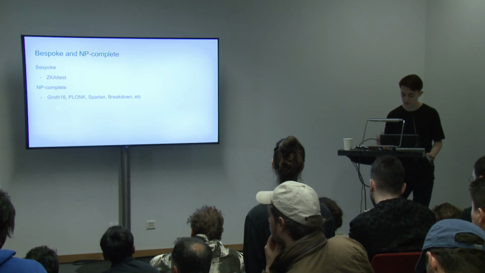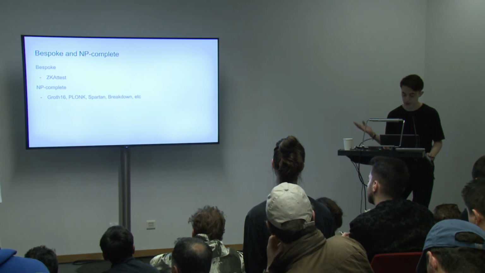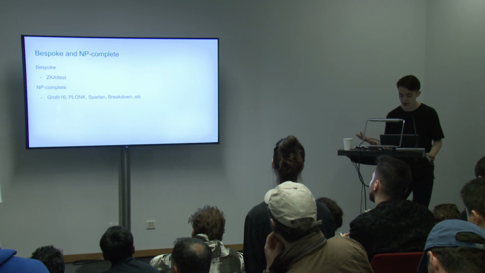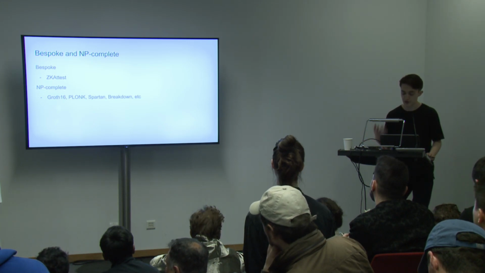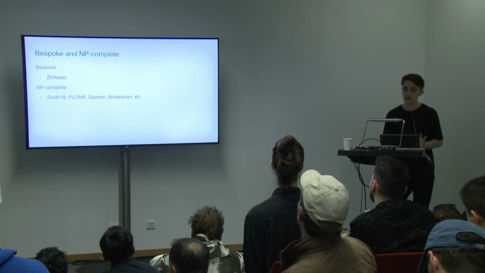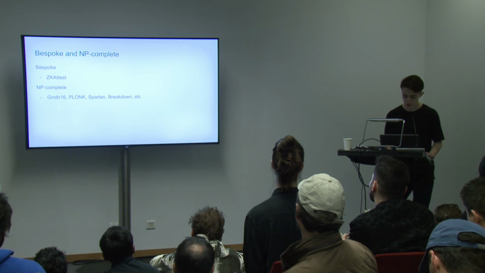In this talk, we'll focus on the NP-complete ones, because for some applications, really high expressiveness, including proving knowledge of a preimage of a hash function, is required, which is not possible with bespoke solutions like ring signatures or other primitives.